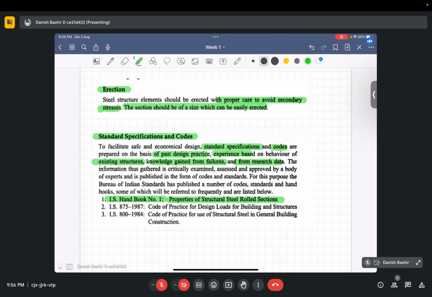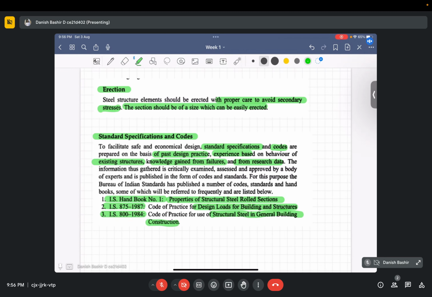For design loads for buildings and structures, we follow IS 875, and this code is of the 1987 version. IS 875 gives us the design loads on buildings and structures that we have to follow in this course as well. And one of the important codes is IS 800 of version 1984, and it is the code of practice for the use of structural steel in general building construction.